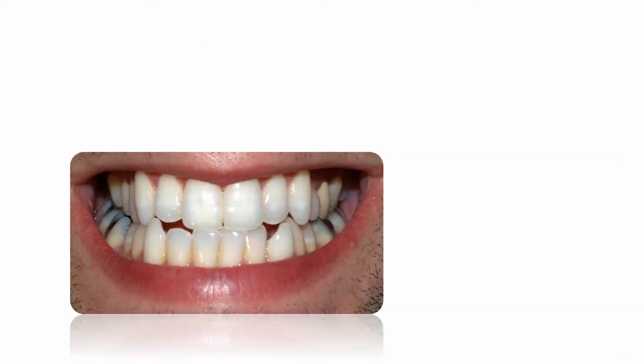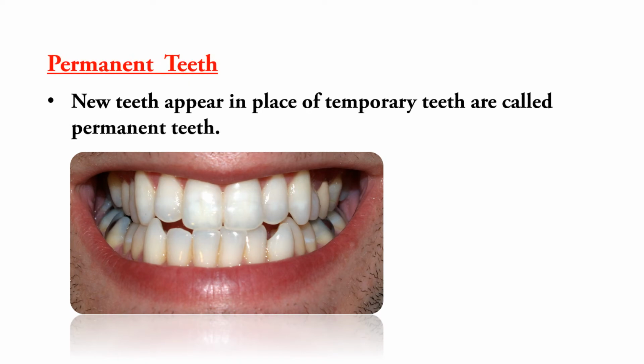When a child reaches the age of between 5 and 6, their milk teeth should start to gradually fall out, with adult teeth growing in shortly after. These are called permanent teeth. The new teeth that appear in place of temporary teeth are called permanent teeth.